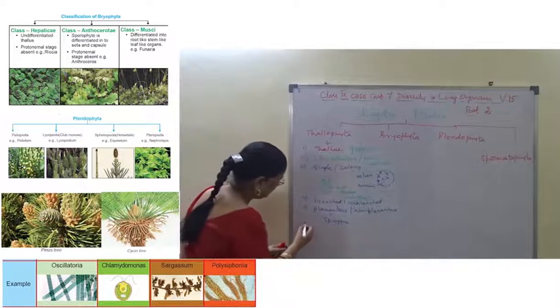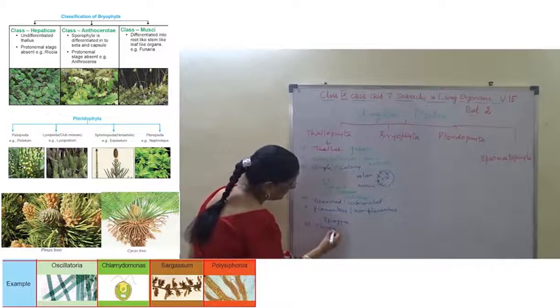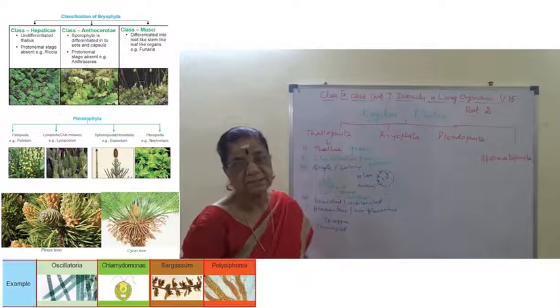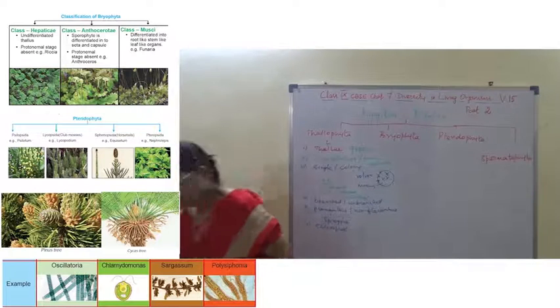And then the presence of chloroplast is the characteristic feature of this group Thallophyta.